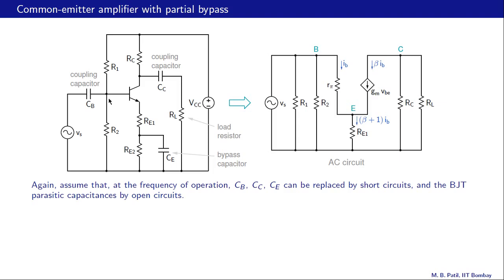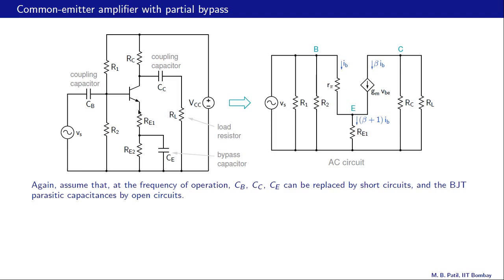So then let us see what the circuit reduces to. Here is the base. From the base, we have R2 going to ground. This is a short circuit, so then we have Vs here, then the other end going to ground. And then we have R1, and this end of R1 is also going to ground because our VCC, since it's a DC source, is now replaced with a short circuit. So that is what we have here as well, R1, R2 and Vs. And then between the base, collector and emitter, of course, we have the transistor model, the pi model.